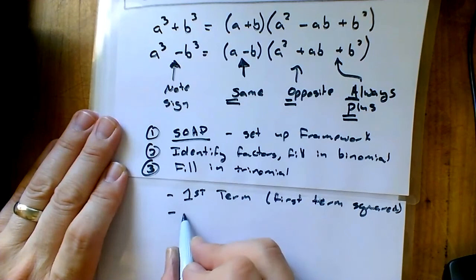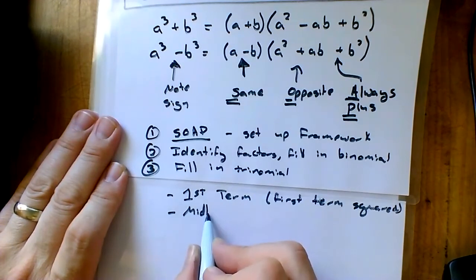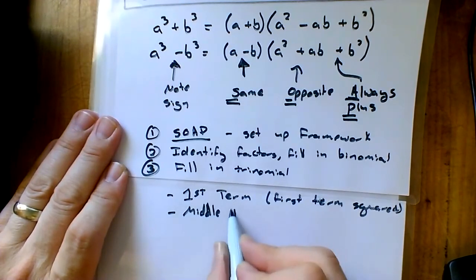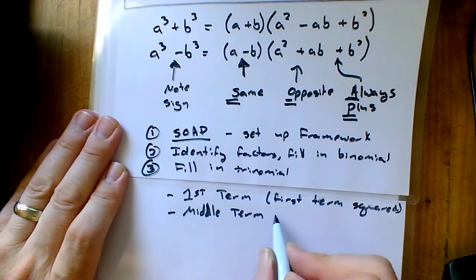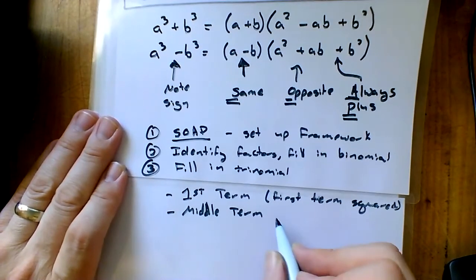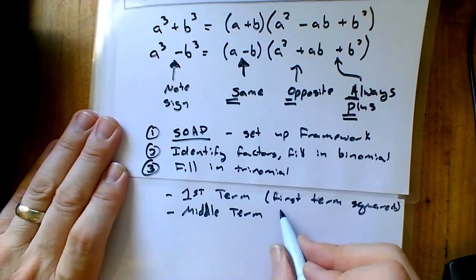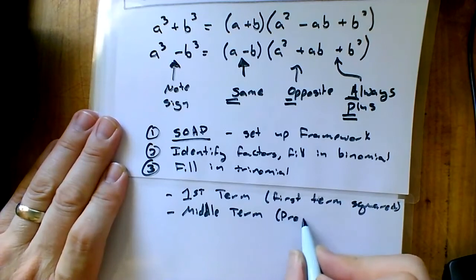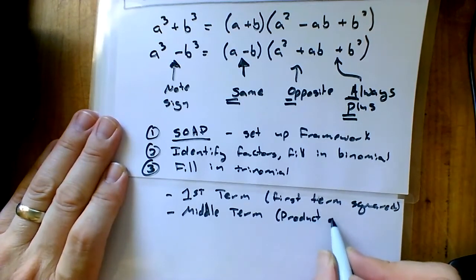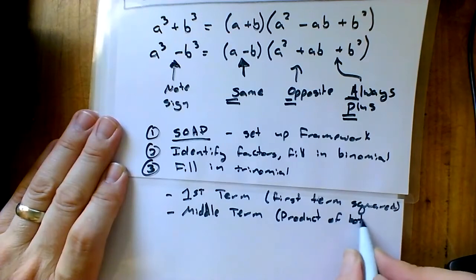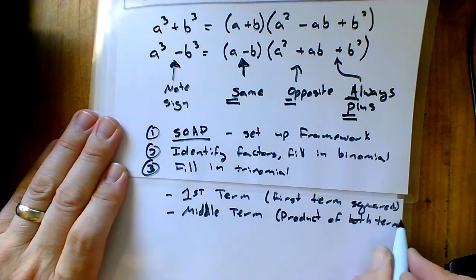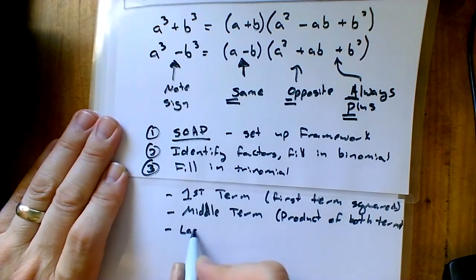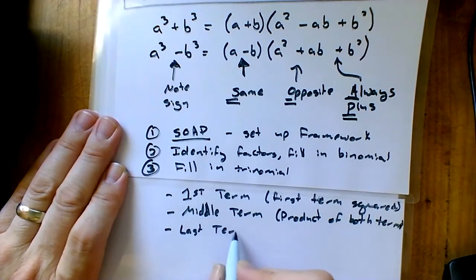Our middle term is going to be the product of our two terms from our binomial. And then our last term is our last term squared.